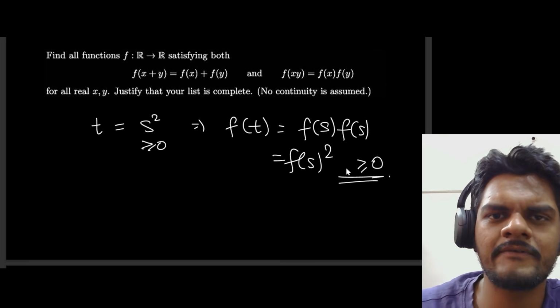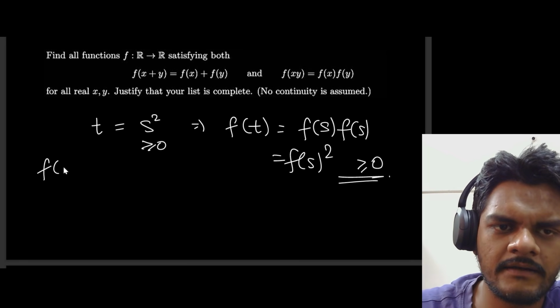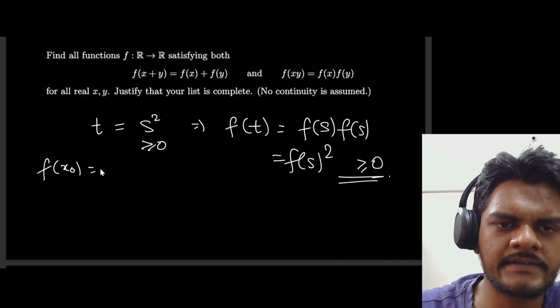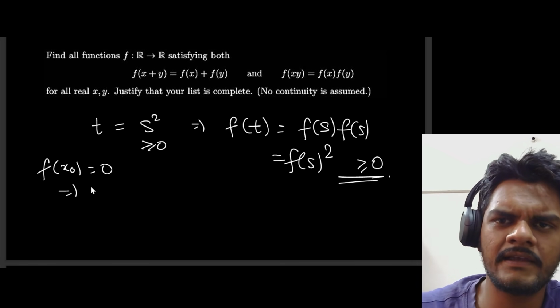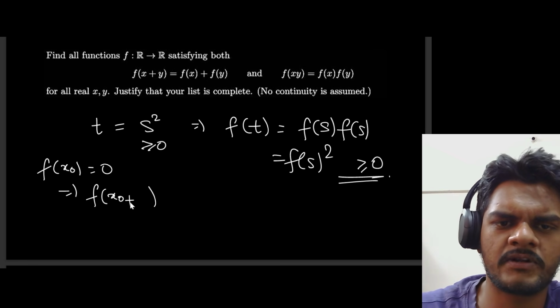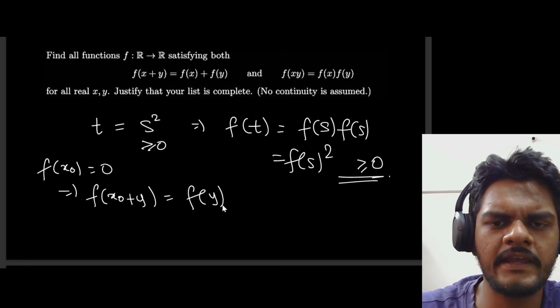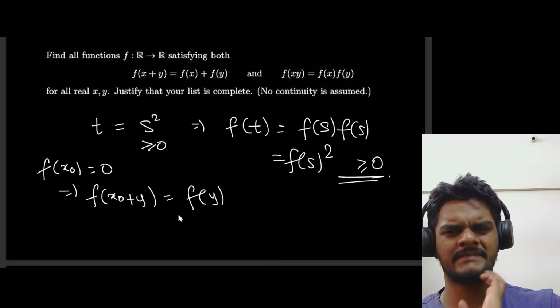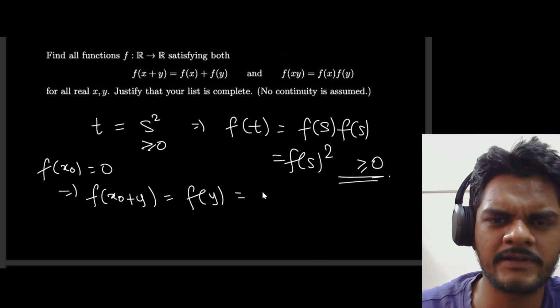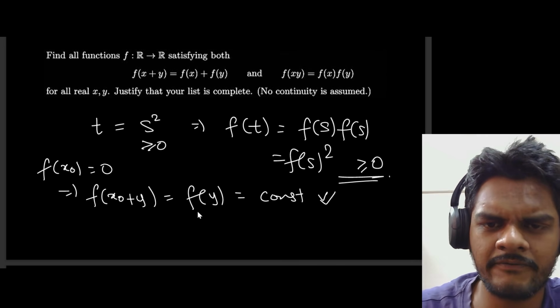First of all, can I have f of 0 equal to 0? If f of x naught is equal to 0, then I think I can have f of x naught plus y equal to f of y, and that will create problems. Or maybe it is a constant function, right? That means f of y is a constant function.